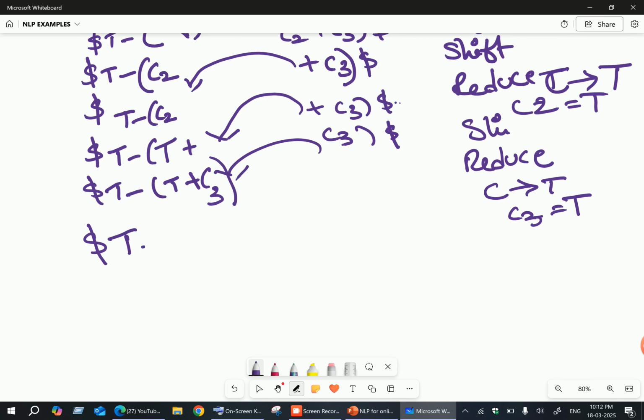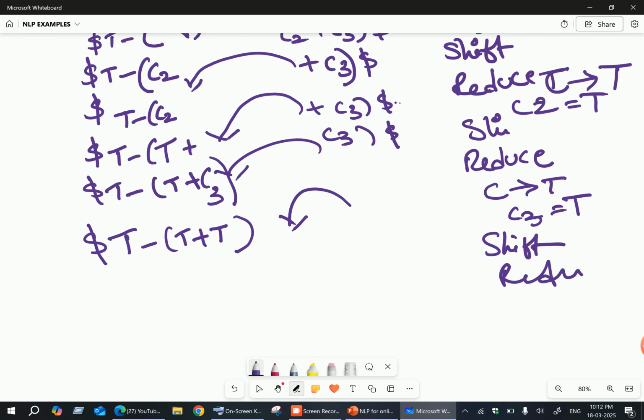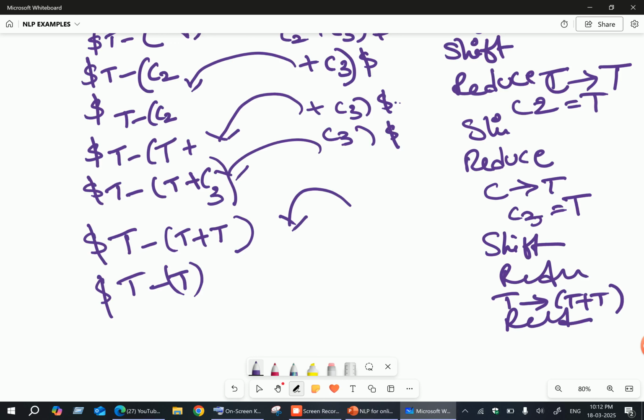So after that T minus T plus T, then shift action, the parenthesis will come here, shift action, then reduce action. So reduce T tends to T plus T, it's a reduce action, then T minus T, this is a reduce action. Again reduce action, what is the reduce action? T tends to T minus T. That means dollar T minus T. Again reduce action.